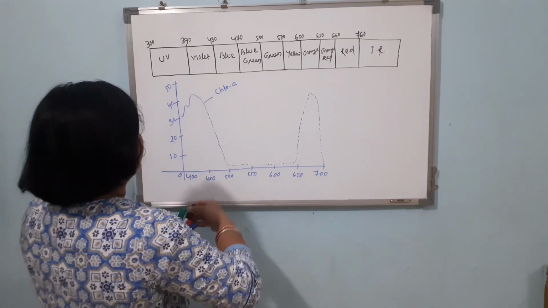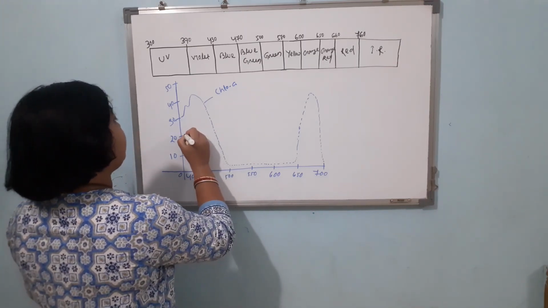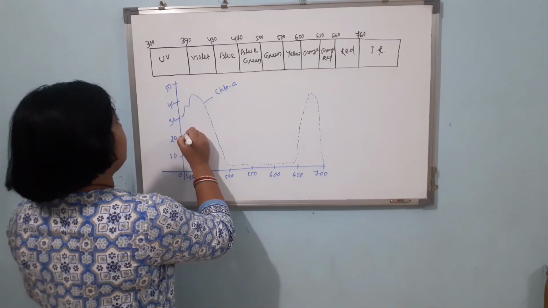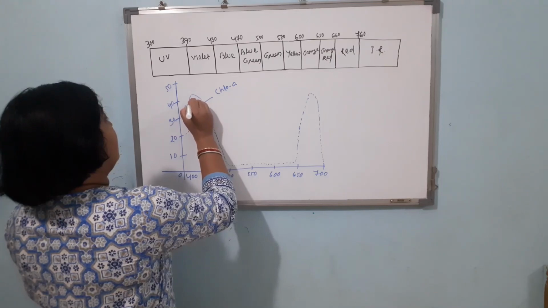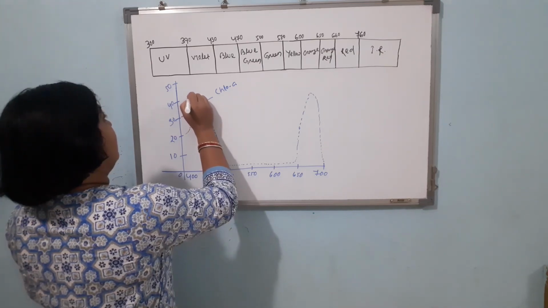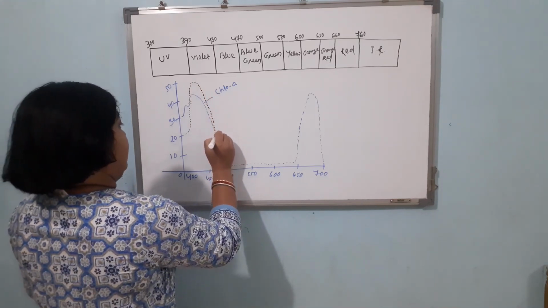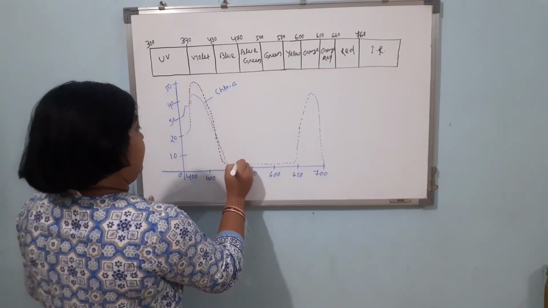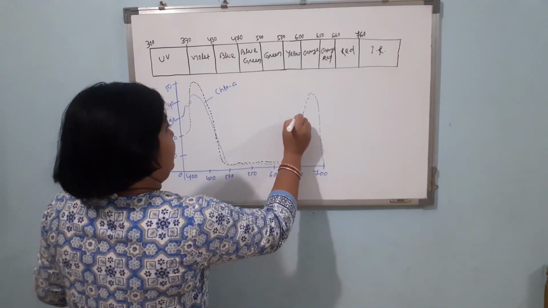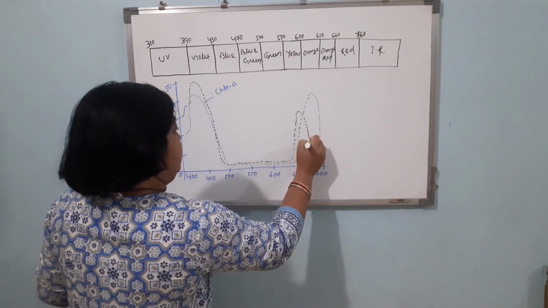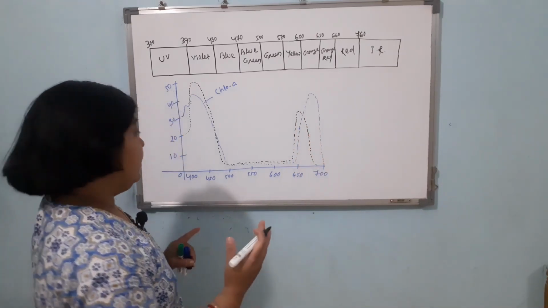Similarly, you will find chlorophyll B pigment absorbs light within this 400 to 700 nanometer range.